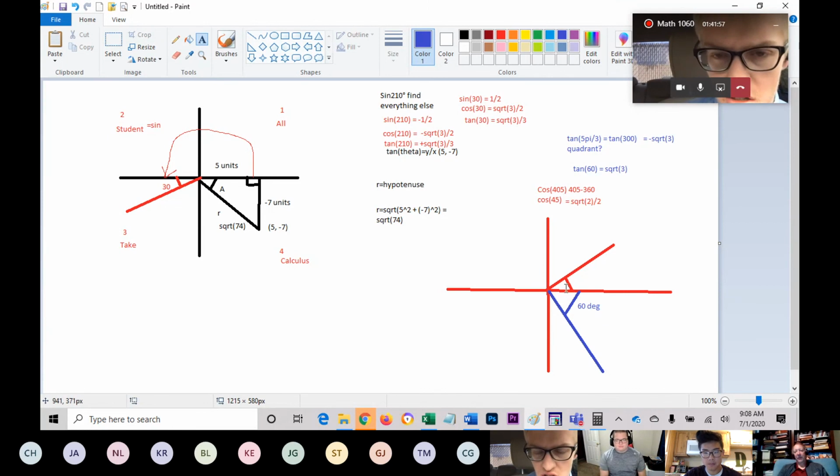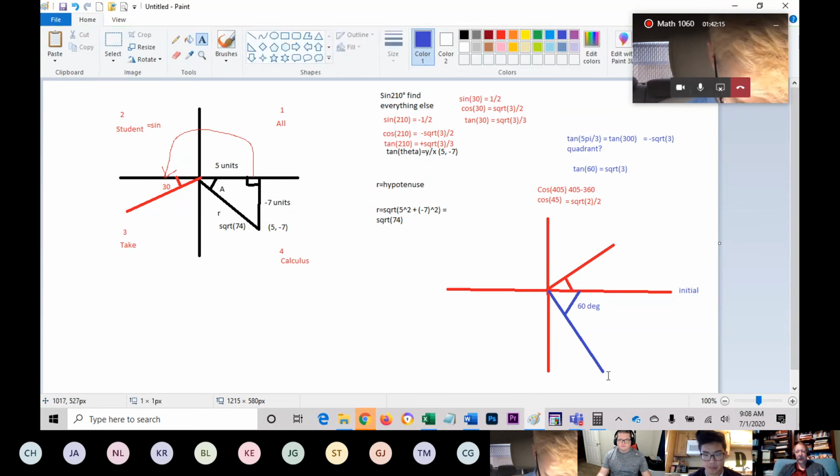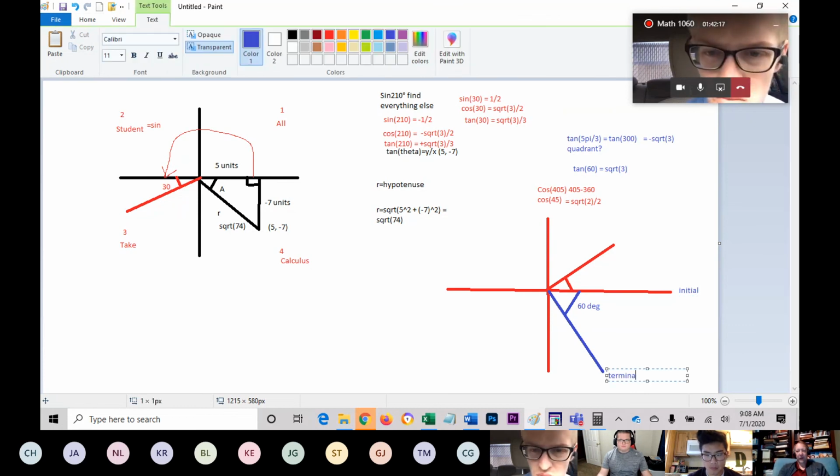We're always measuring it from the x-axis. So that you're using the correct terminology, remember, this is your initial side, and when we rotate all the way around here, this is your terminal side. Whenever we're measuring it, we're always measuring it from the x-axis.